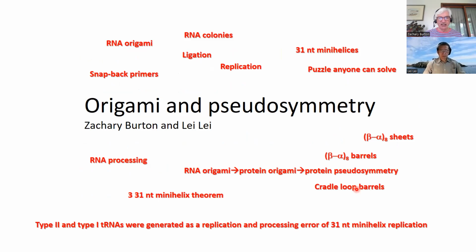So that's origami and pseudosymmetry, and we want you to burn all of this information into your subconscious, particularly the part where you nominate us for a Nobel Prize. And that's about all I have to say on this subject, at least for the moment.